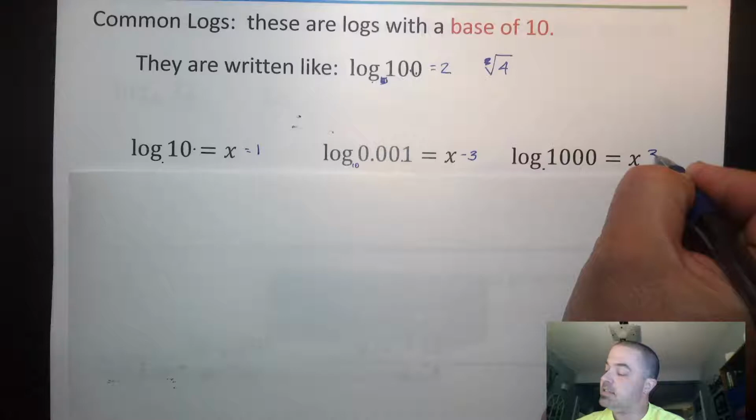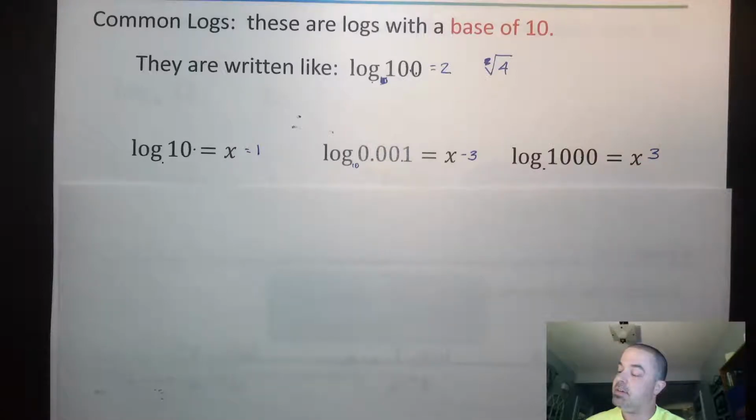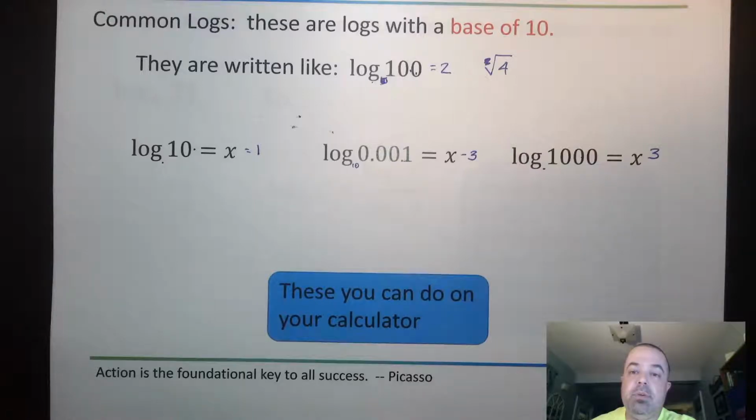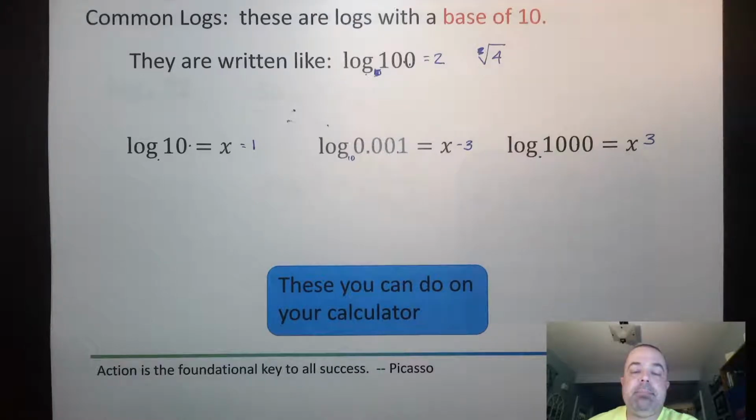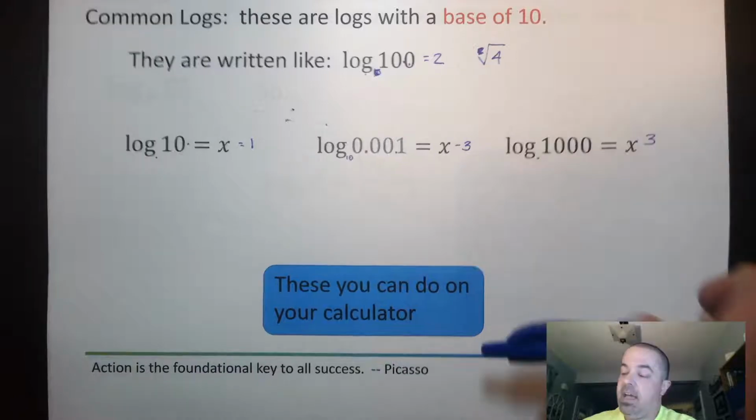Okay? And these you can do on your calculator. This is the most important thing to realize, that your calculator is set up to do base 10. So anytime you hit the log button, it is assuming that it is a base 10. That's great, except if you have something like this.